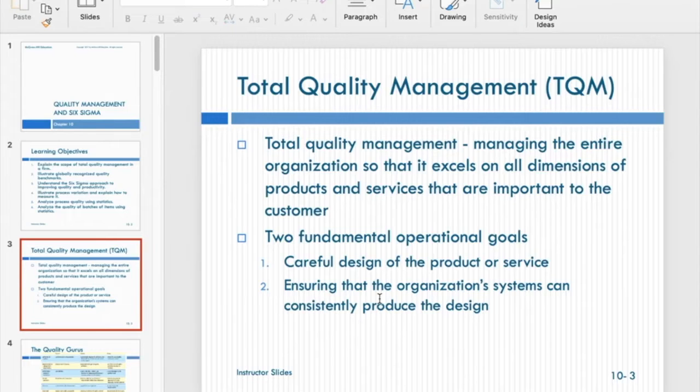But even if you plan to produce a product with a score of 90, it doesn't mean that you can produce it with a score of 90 for sure, because you also test your ability to produce that design, which is the conformance quality.